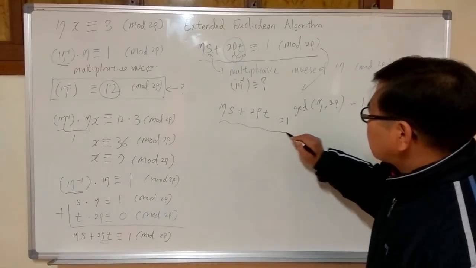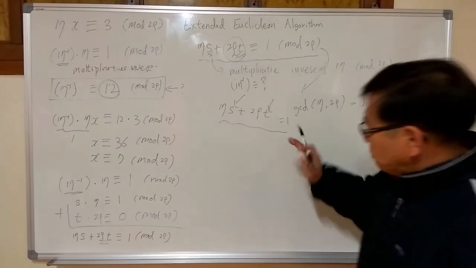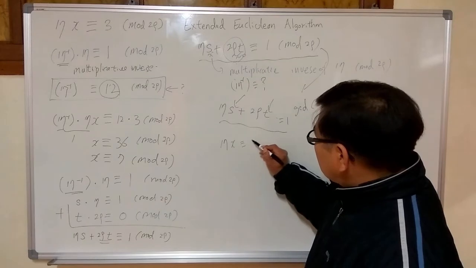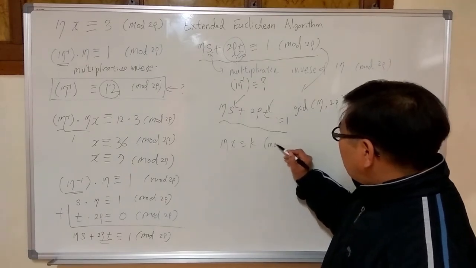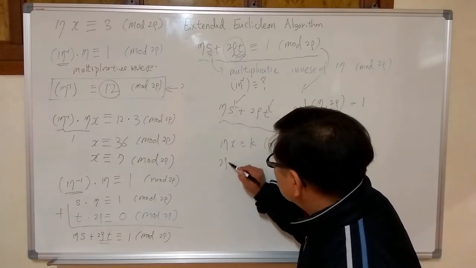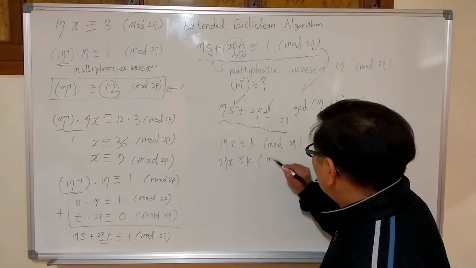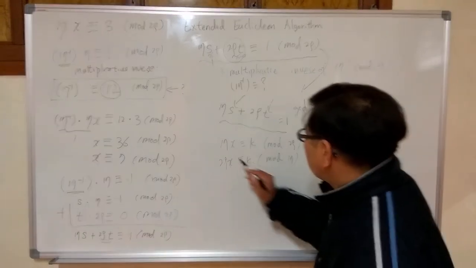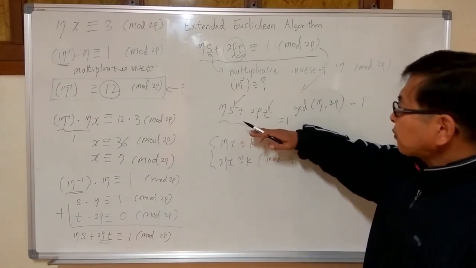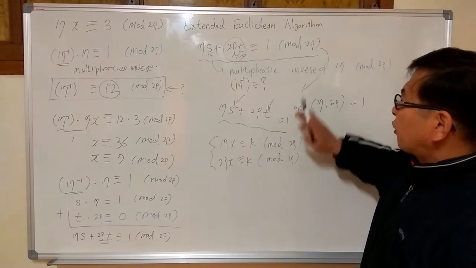If we can solve this equation about s and t, then we can solve problems like 17x ≡ k mod 29 or 29x ≡ k mod 17. How to solve this equation is the extended Euclidean algorithm.